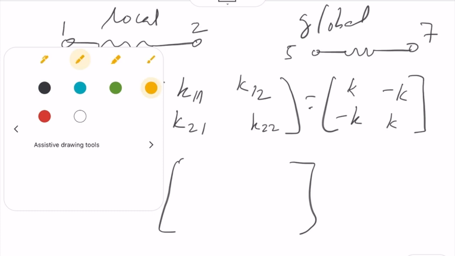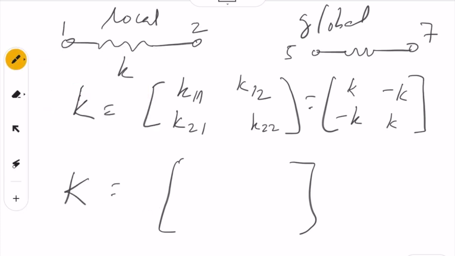So, look for 5, 6, 7. Now, you have to relate number 1 is number 5, right.